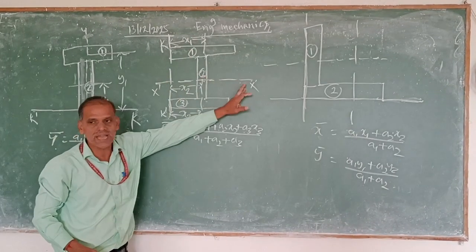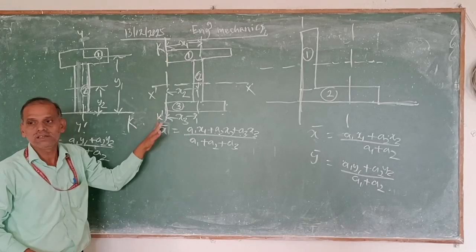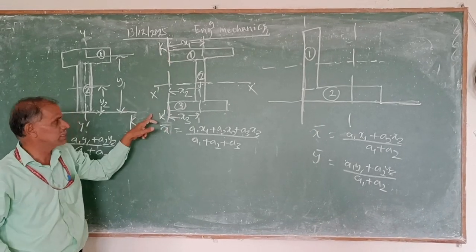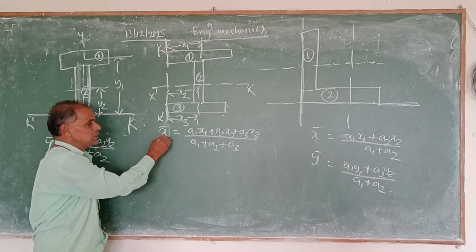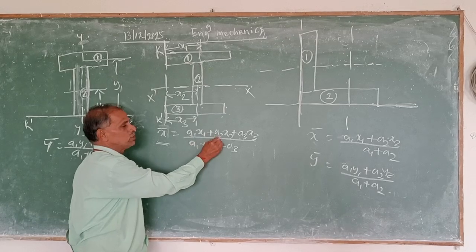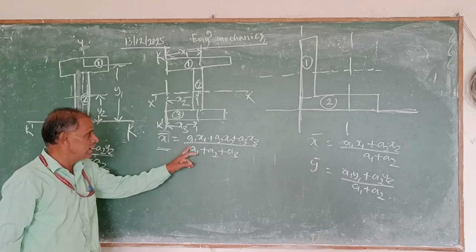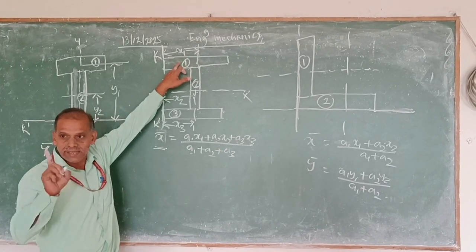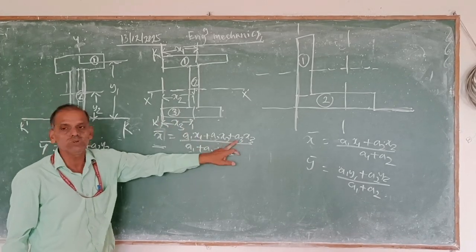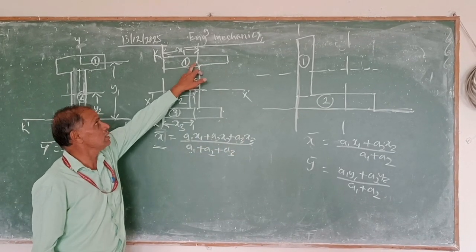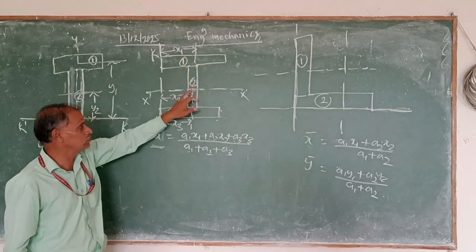If it is symmetrical about the x-axis, then we will take the extreme left part of the section as the axis of reference, that is K dash, where we can find the CG, that is x bar equal to A1 x1 plus A2 x2 plus A3 x3 divided by A1 plus A2 plus A3, where A1, A2, A3 are the areas of cross section of section 1, section 2 and section 3. x1, x2, x3 are the central distances from the axis of reference to the centers of sections 1, 2, 3 respectively.